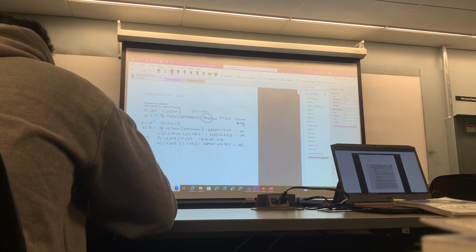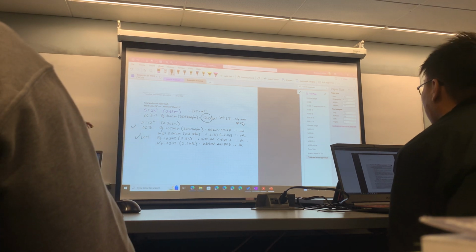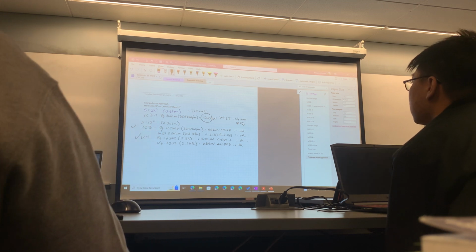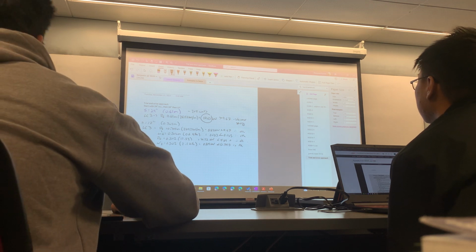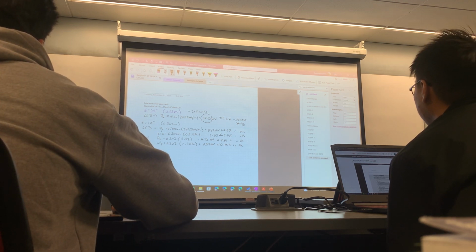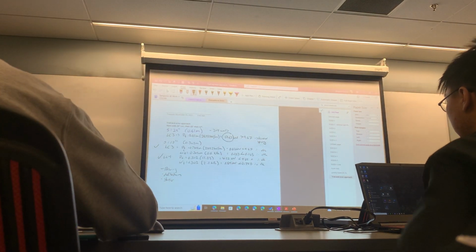And this is less than 4.84, therefore okay. Now that you've satisfied both load combination 3 and 4, we're good for our check. And then tomorrow we're going to check bearing, deflection, shear.